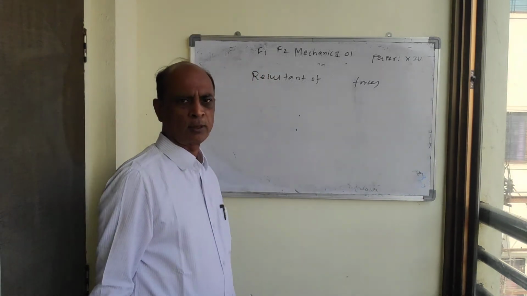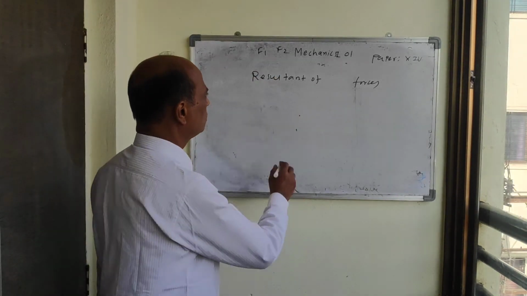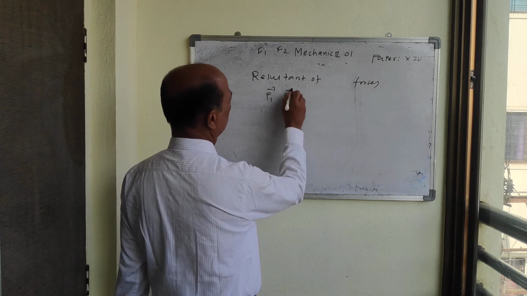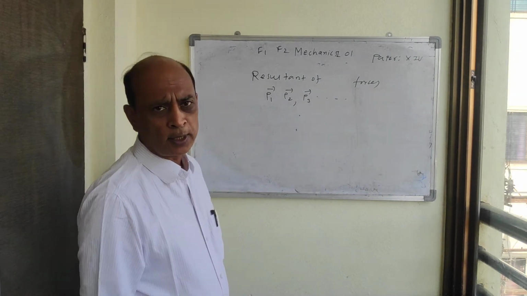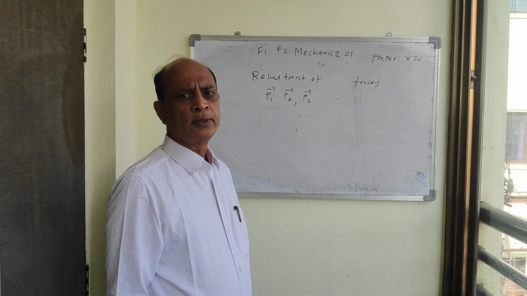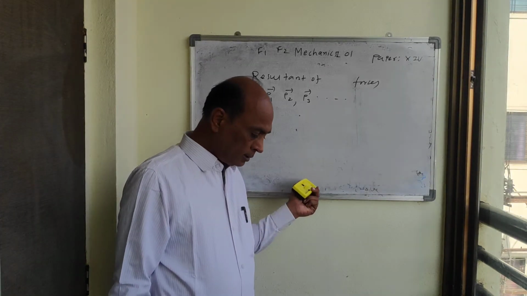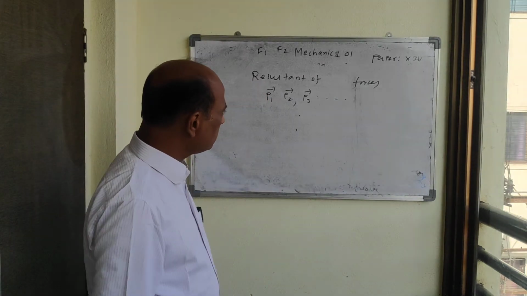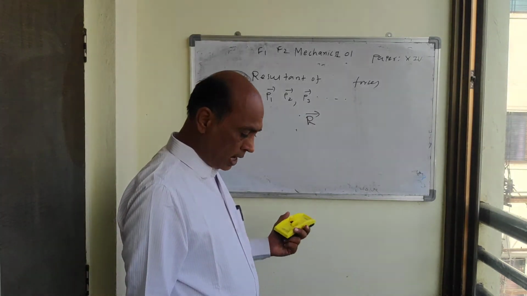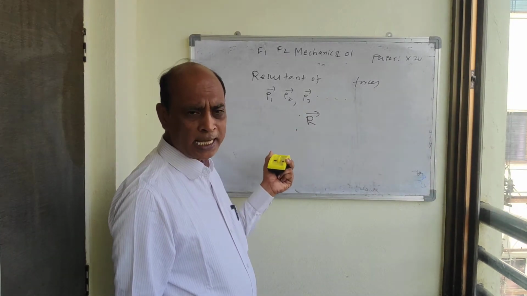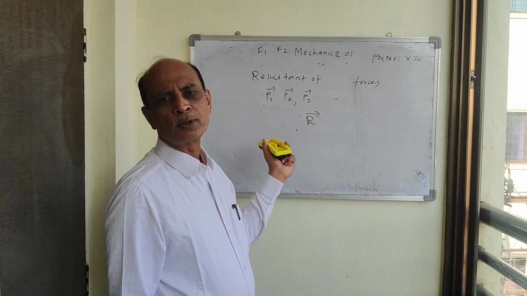If a system of forces, suppose P1 bar, P2 bar, P3 bar, acts at a point in a rigid body simultaneously, then there exists a single force R bar, and the effect of this R bar is the same as the net effect of all these forces, that is F1 bar, F2 bar, F3 bar.